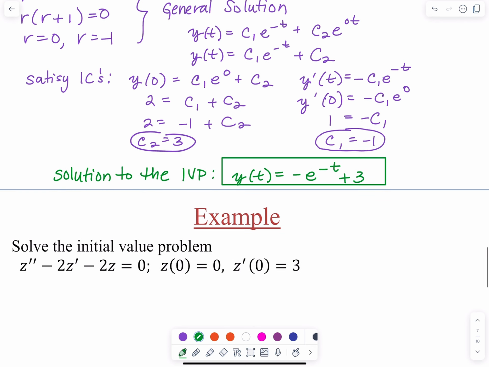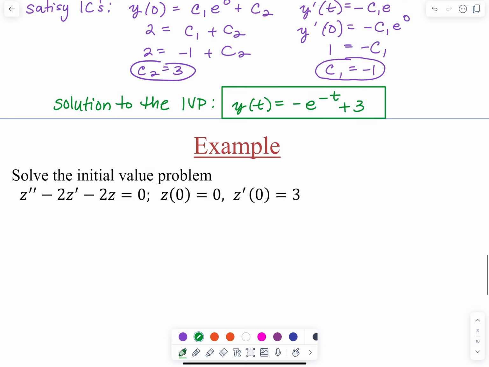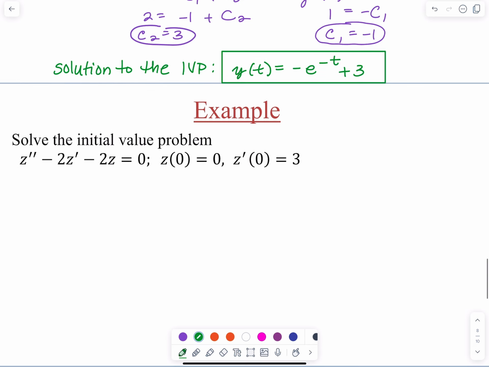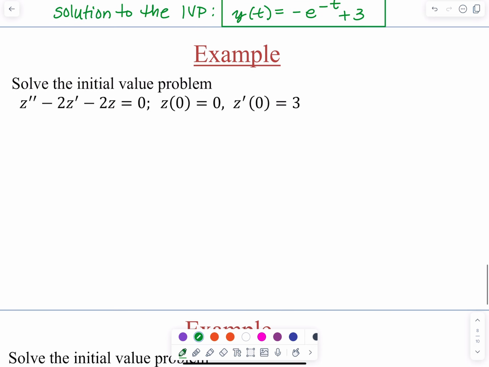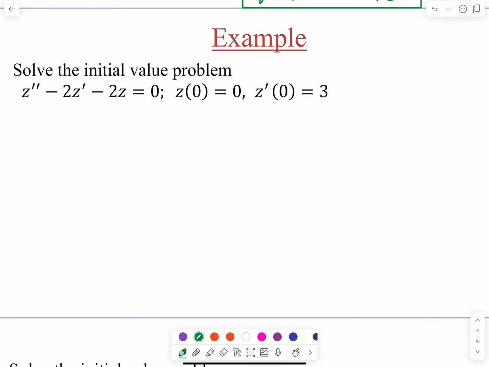Okay, let's take a look at our next example. This is also an IVP, and we're given z double prime minus 2z prime minus 2z is equal to 0, and we're given two initial conditions. Let's go ahead and write our auxiliary equation. r squared minus 2r minus 2 is equal to 0.